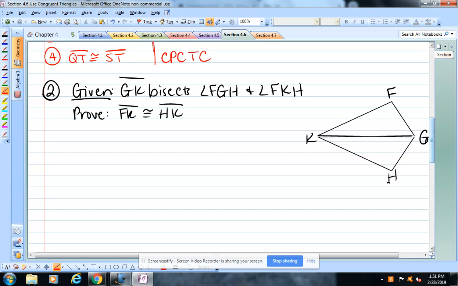So I'm just going to give you some examples of doing some proofs. So write that, draw the picture, and you can go ahead and set it up, statements and reasons.